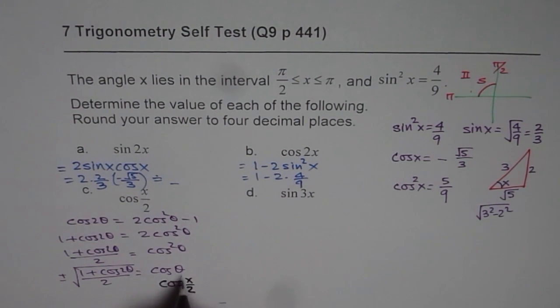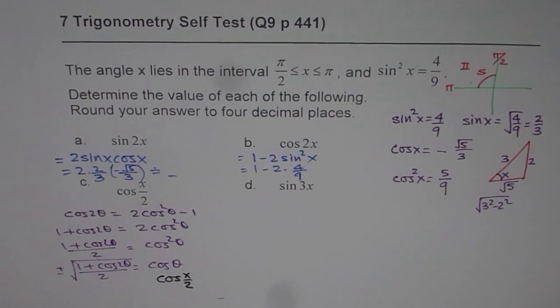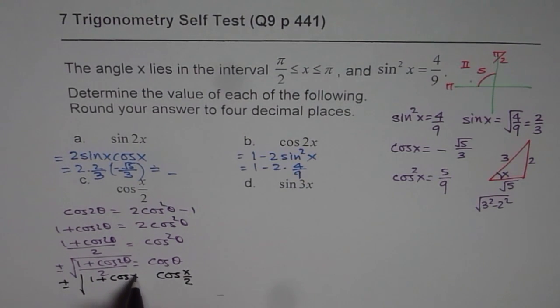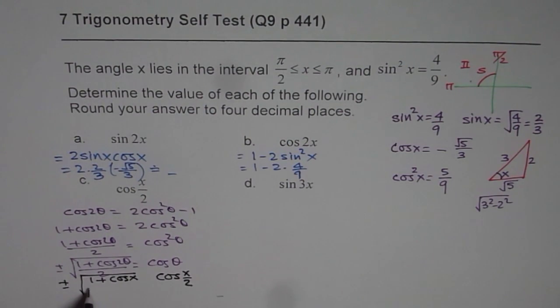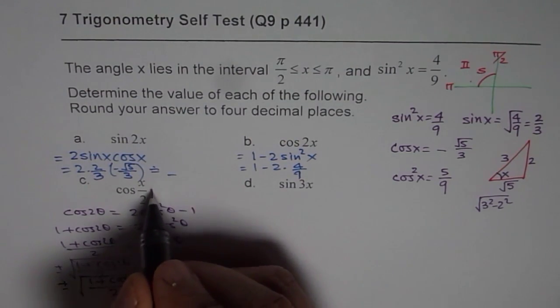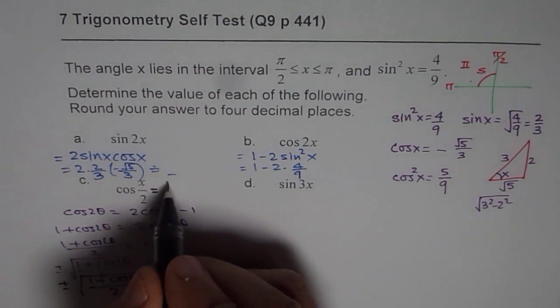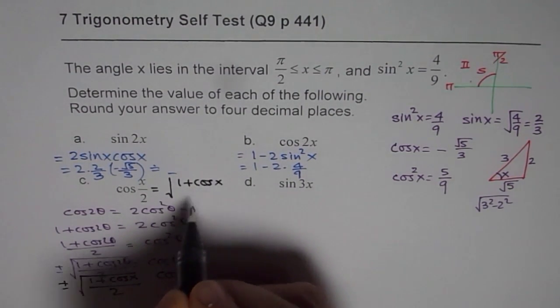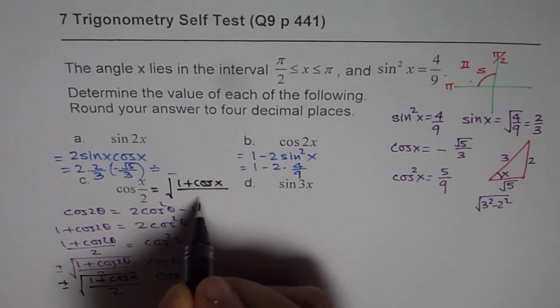I'm replacing theta with x by 2. So if theta is x by 2, then 2 theta will be x, so cos of x, correct? Square root over 2. So that is the formula. Do you see that? So cos x by 2 I could always write as plus or minus square root of (1 plus cos x) divided by 2.